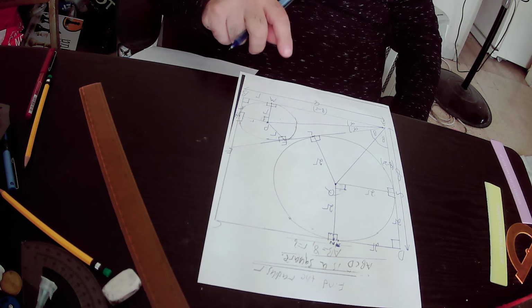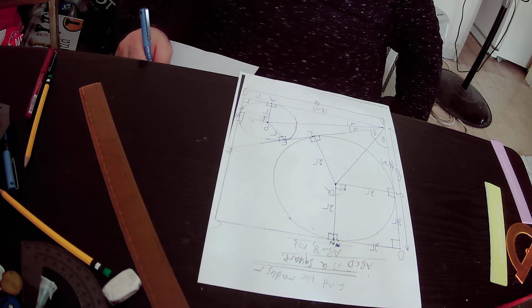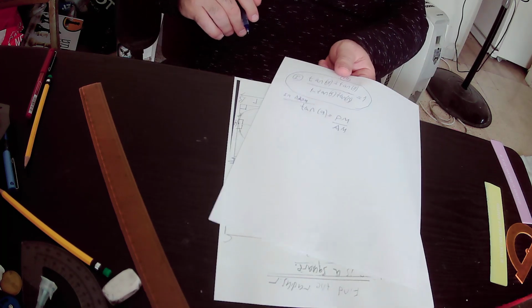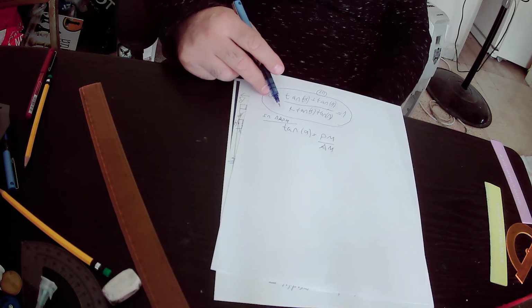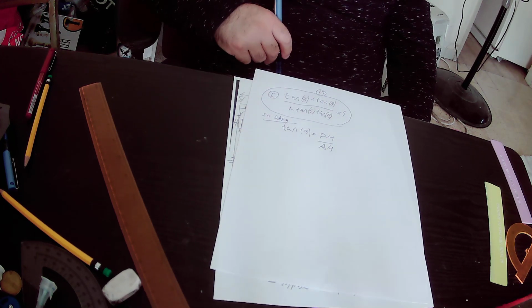So it is actually PM over AM. I will repeat again. In the right triangle APM, tangent alpha equals PM over AM.